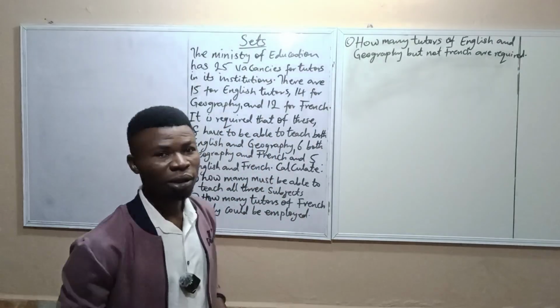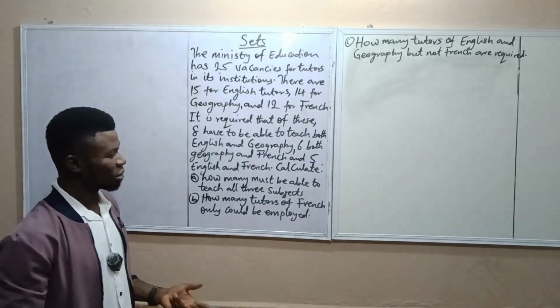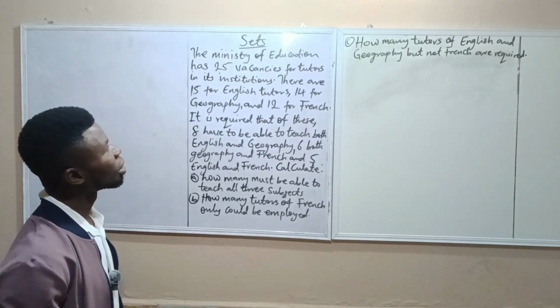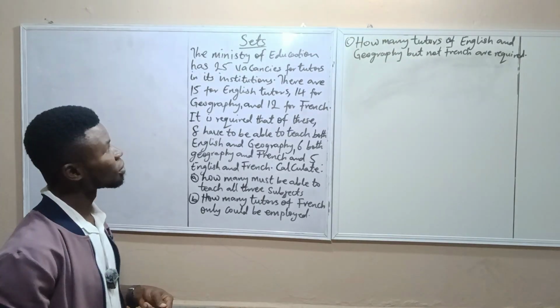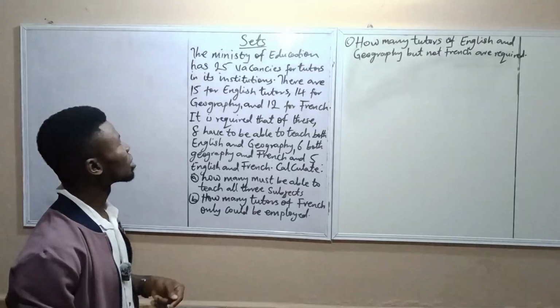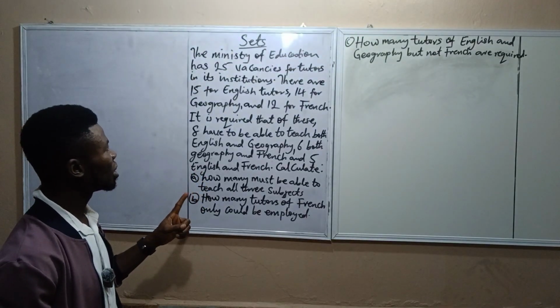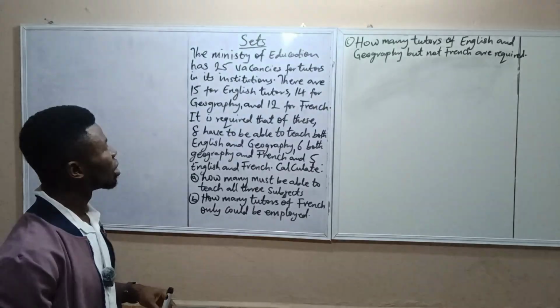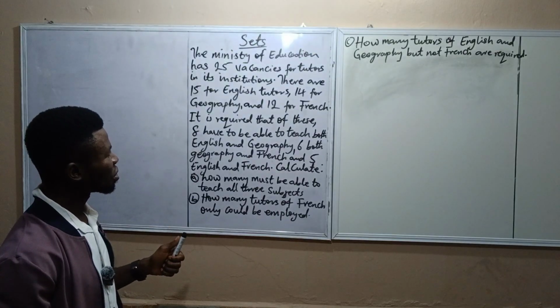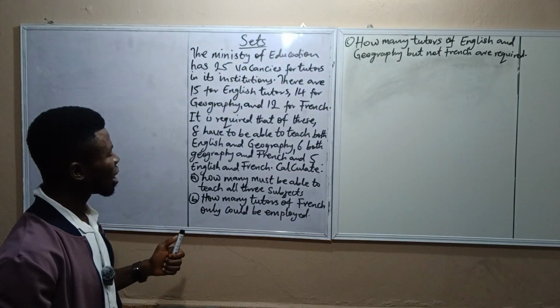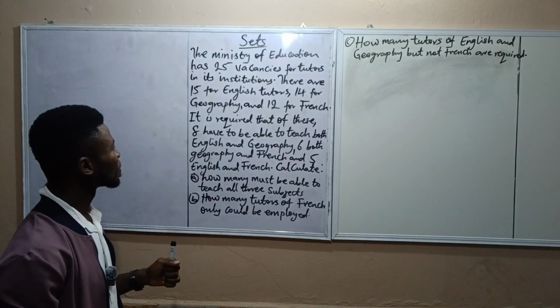So today we have an exam question on sets. It says the Ministry of Education has 25 vacancies for tutors in its institutions. There are 15 for English tutors, 14 for geography, and 12 for French.